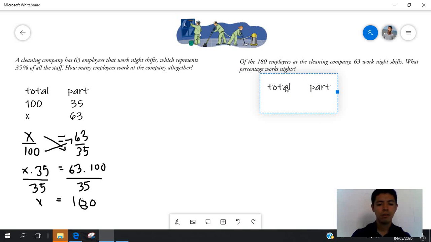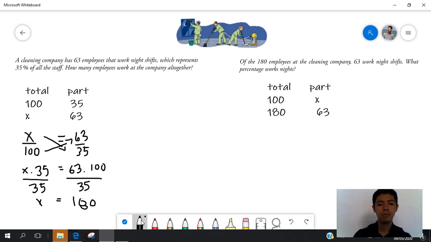Now, we know that we need a percentage, but we don't know what percentage. Now we know that there are 180 employees in that company, and we know that 63 work night shifts.